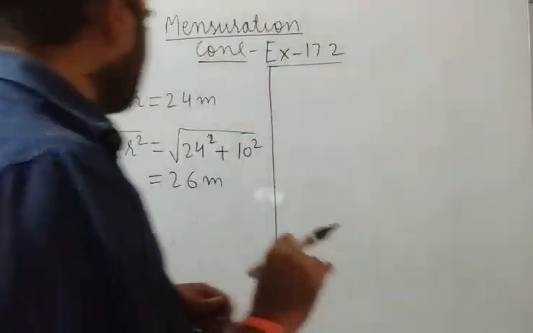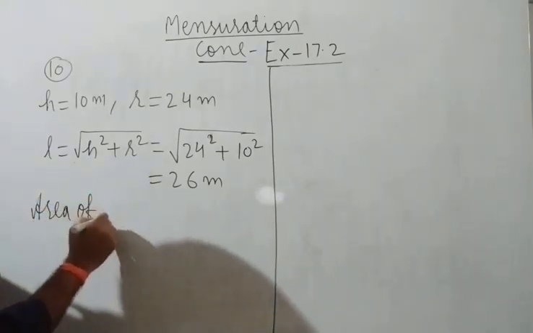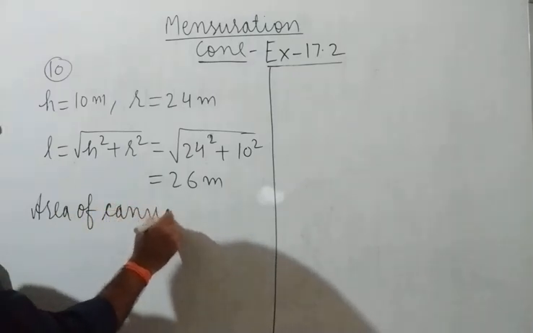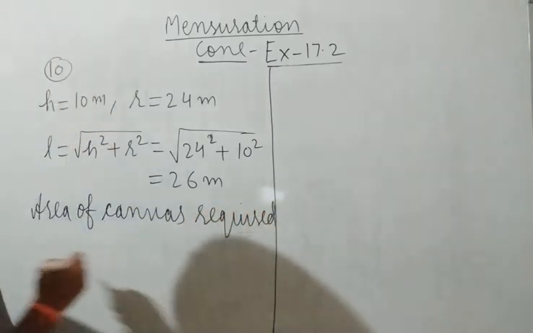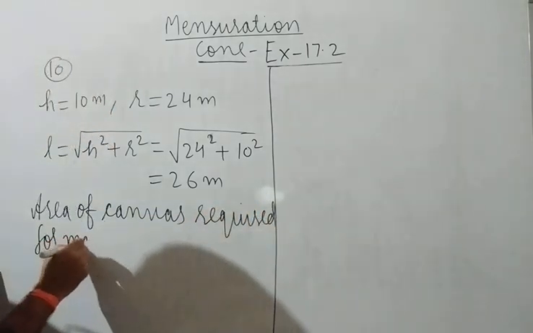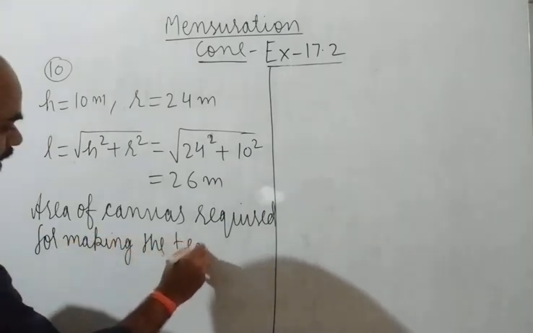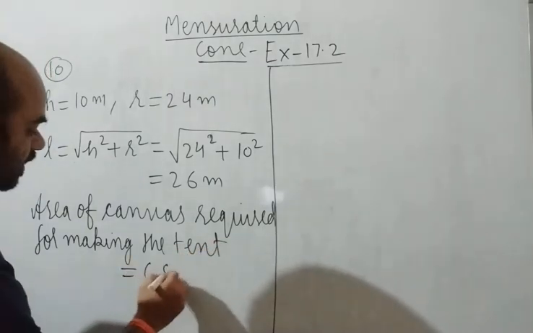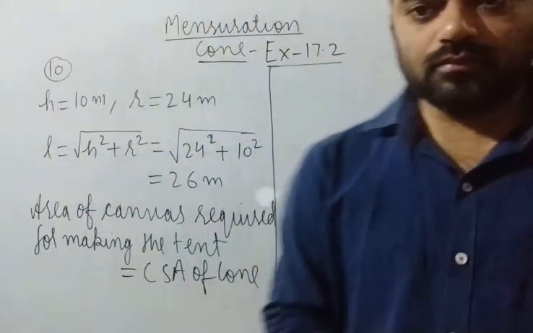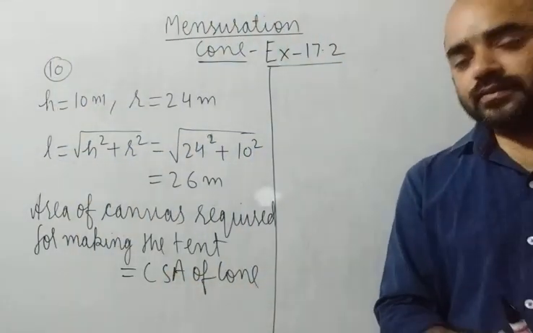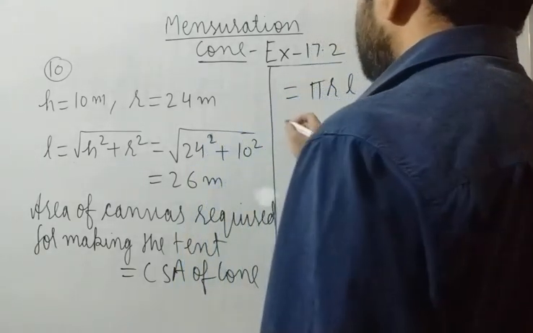It means we will calculate the area of canvas required for making the tent, which is equal to curved surface area of cone or curved surface area of tent. So we will calculate pi r l.